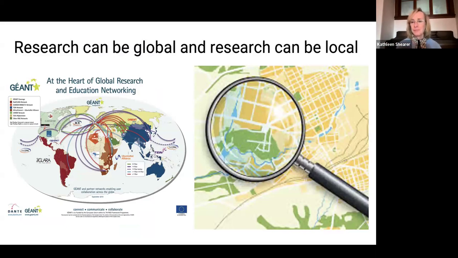So research can be global, but it also can be local. There's been a lot of focus on the global aspect of research, publishing in international journals and researchers being incentivized, shall we say, to find topics that would be of interest at the global level, at the international level, by Western research communities.